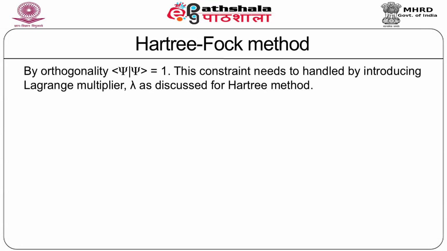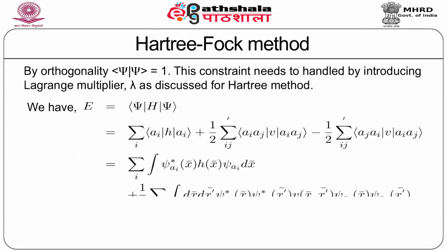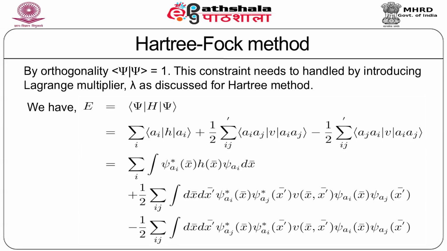This constraint needs to be handled by introducing the Lagrange multiplier lambda, as we have already discussed in case of the Hartree method. We thus have the energy, which is given by this matrix element of this Hamiltonian. In the bracket notation, it can be written in the following way. We have this hash symbol here, which means i is not equal to j.